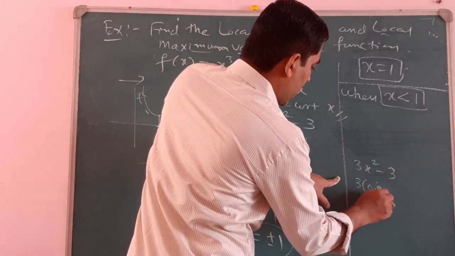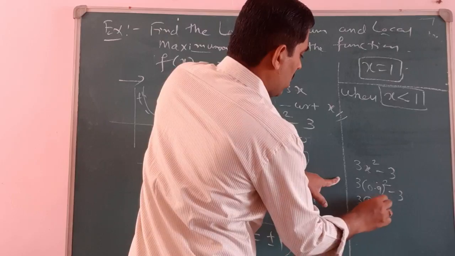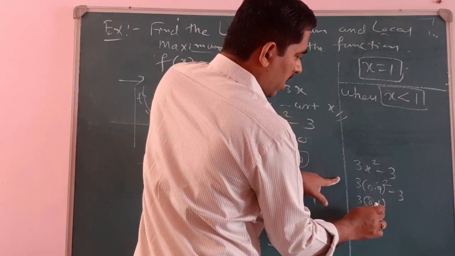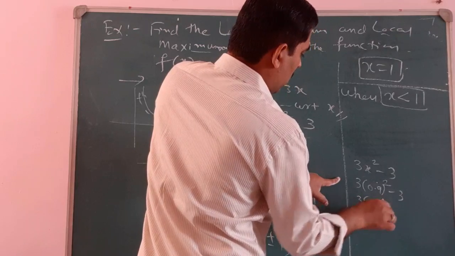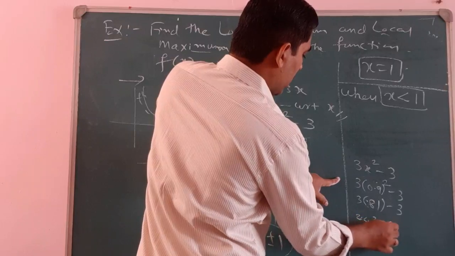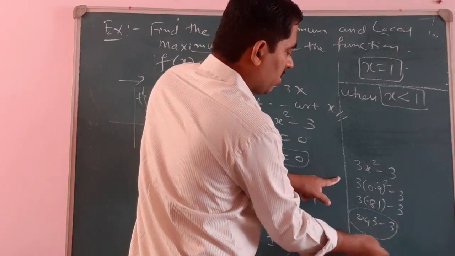0.9 whole square is 0.81, and 3 into 0.81 is 2.43. Then 2.43 minus 3 will be negative.